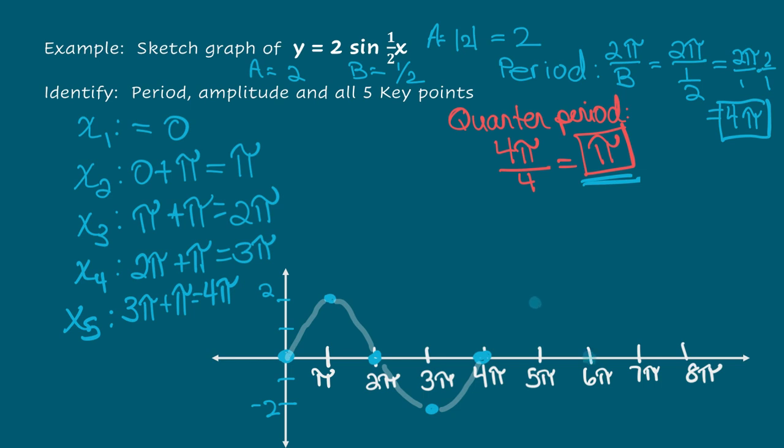Coming back down through 6 pi, down to -2, back up to 8 pi. It just continues to repeat. So I can continue to sketch, and then continue on. I can go the other direction. And I could have marked off my axis there, but I didn't. And that's how you would graph your sine function with changes to amplitude and period. In our next demonstration, we'll look at the cosine function.